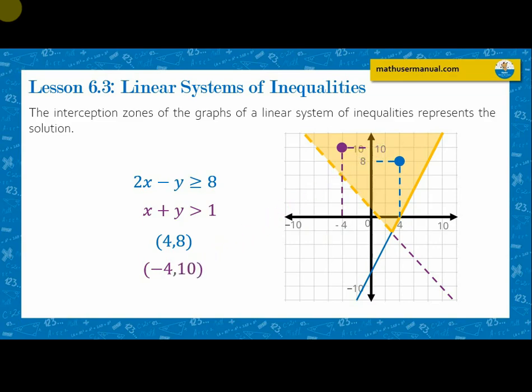Both points are part of the solution because they meet the criteria of the linear system of inequalities. As said before, any point lying in this region is part of the solution because those points are within the region of our solution. So for linear systems of inequalities, we have a region of solutions.